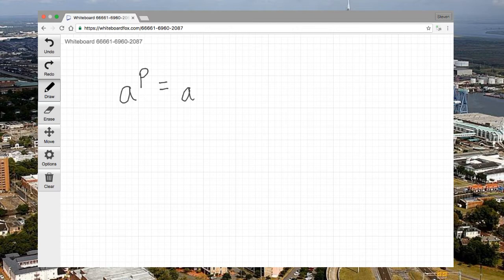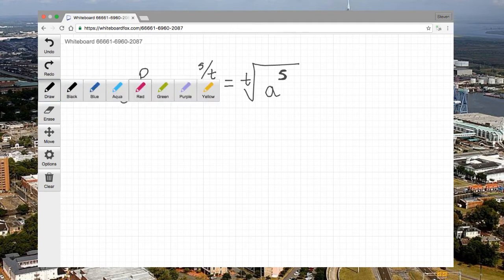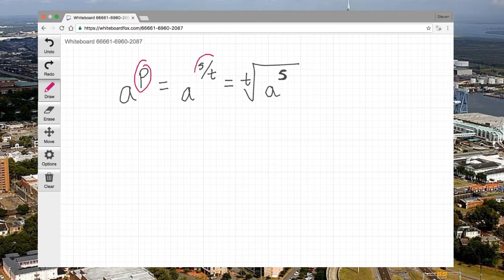If you have a number raised to a power, we know what that means if that power is a rational number, a fraction, right? Because you take the bottom of the fraction and make that a root, and then you can have the tth root of a to the s power. So this is all well and good, but the problem is it only makes sense if you can actually do that.